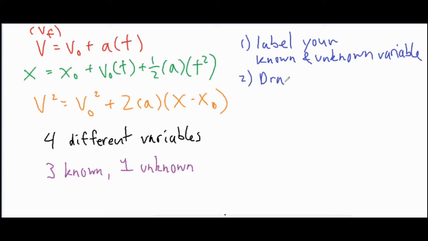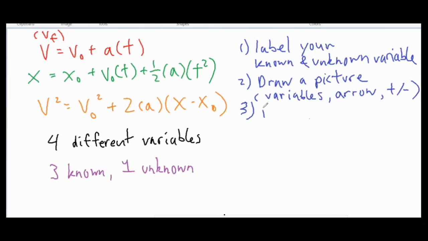Number 2, I would highly recommend drawing a picture with the variables on your picture with arrows, and then possibly including positive or negative values along with your picture. And then number 3, you are going to isolate your unknown variable and then do a little bit of algebra to solve for your unknown variable. All right, so let me show you what this might look like.